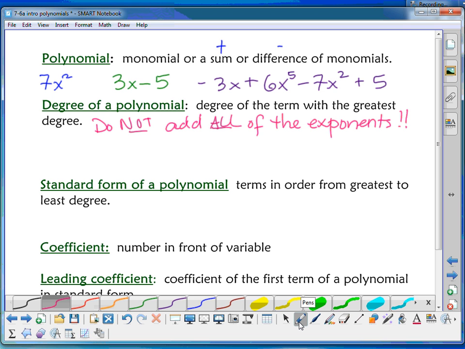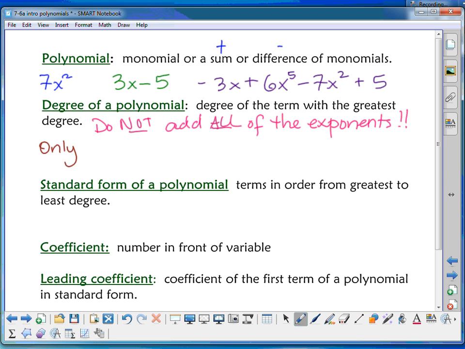Instead, you want to find the one that has the highest exponent, and it's called the leading term. So we only use the exponent of the leading term.